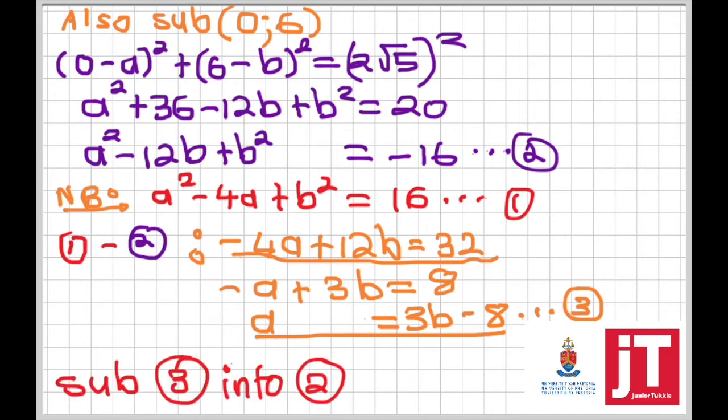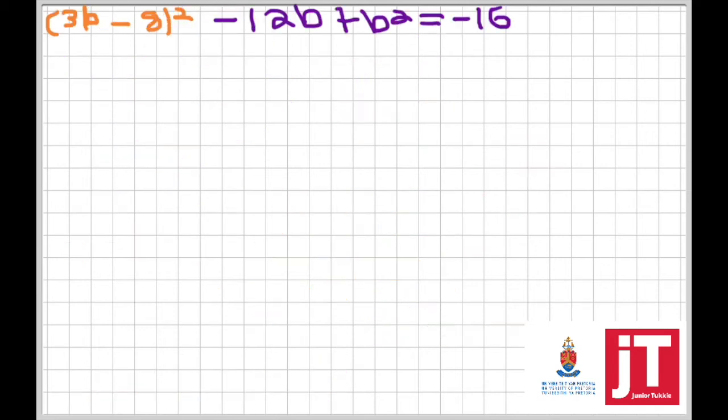I'll take it a bit further and substitute equation 3, the one that we've just established, into the second equation. If you do it correctly, you're going to get (3b − 8)² − 12b + b² = −16.